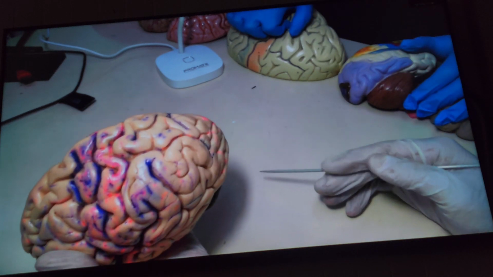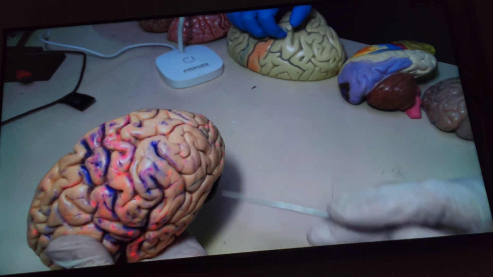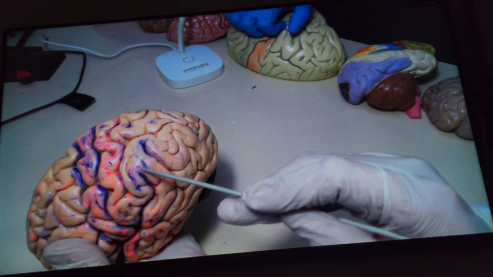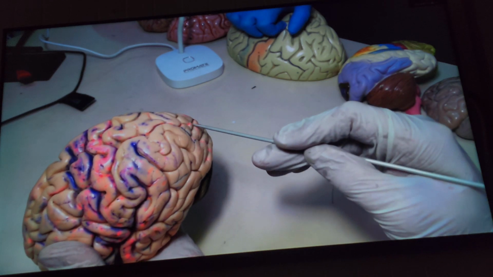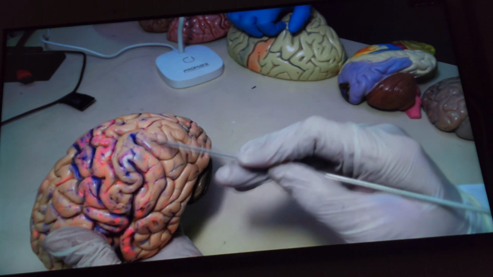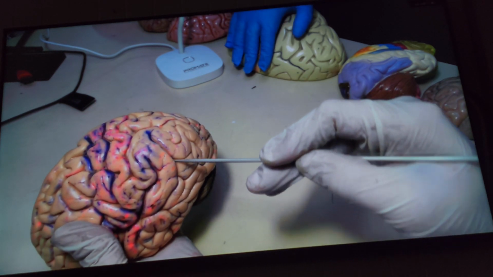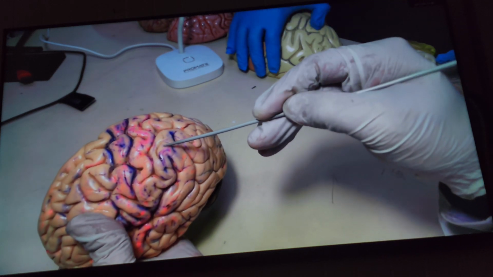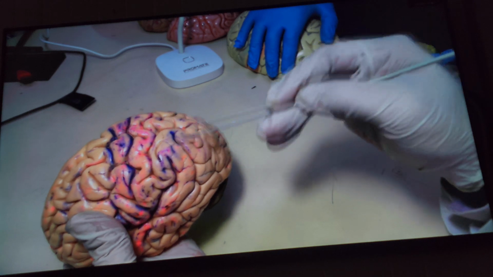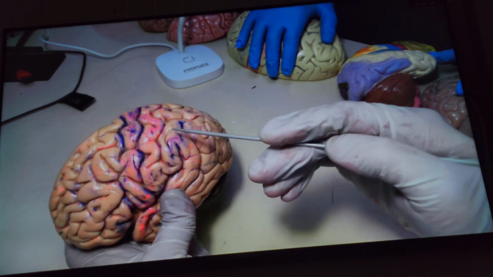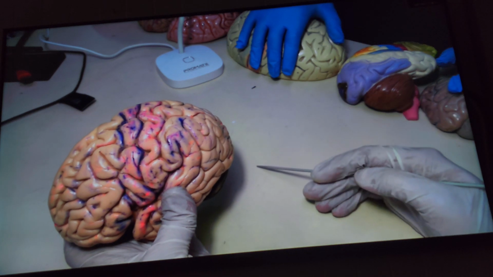This intraparietal sulcus divides the parietal lobe into two parts, the superior parietal lobule and the inferior parietal lobule. The inferior parietal lobule is subdivided into the supramarginal gyrus and the angular gyrus.